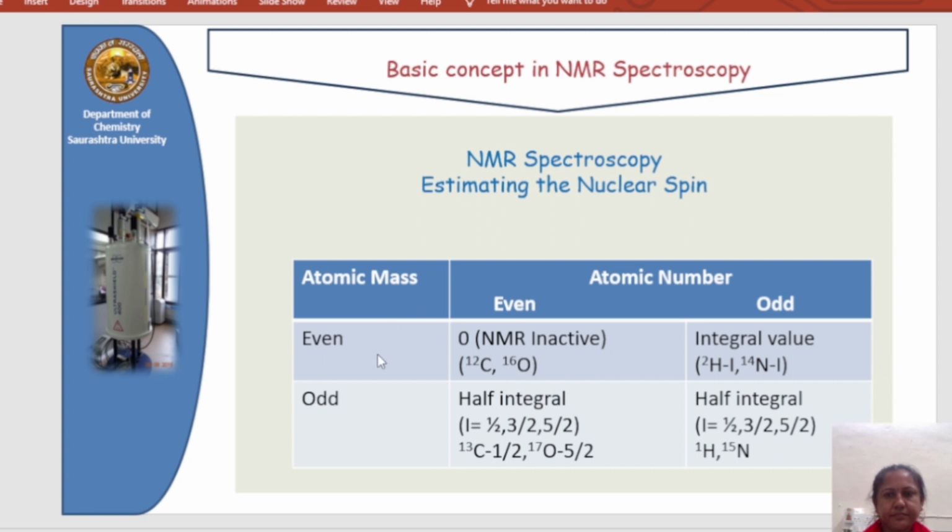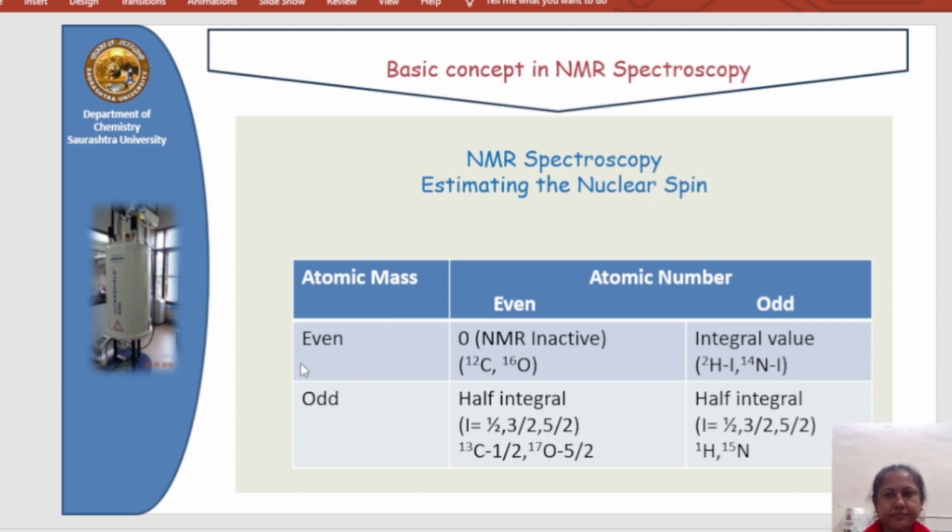Now the second case: atomic mass is even and atomic number is odd. Atomic number is odd, which means the number of protons is odd and the number of neutrons is odd. Both are odd, so the summation is even.